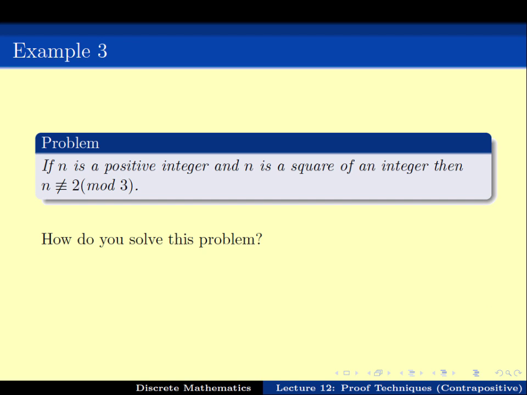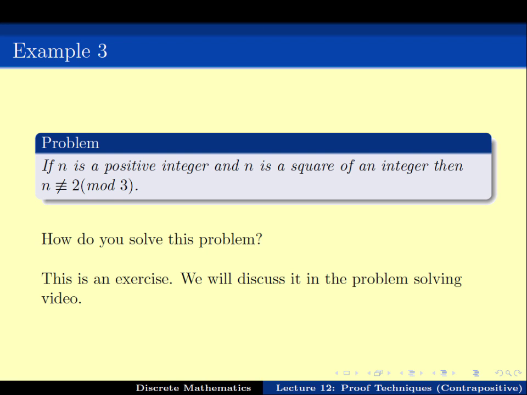And how do you solve this problem? I will leave it to you guys to find out the way of solving it. This is a nice exercise which should culminate many of the proof techniques that we have done. It's a very simple application of one technique that we have studied till now.